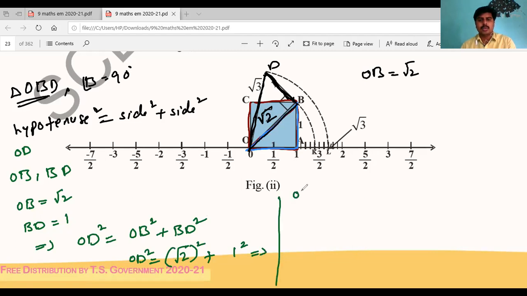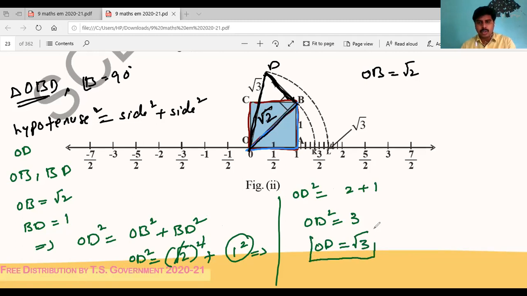So OD square is equal to 2 plus 1, the square root gets cancelled, which is 3. Then OD is equal to root 3. Now we got root 3 here. This OD is the root 3 length, right?